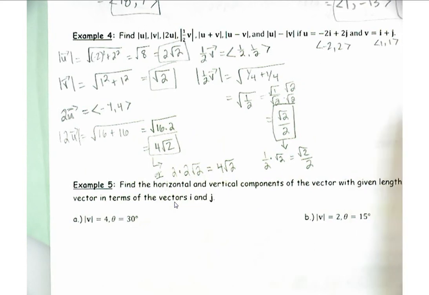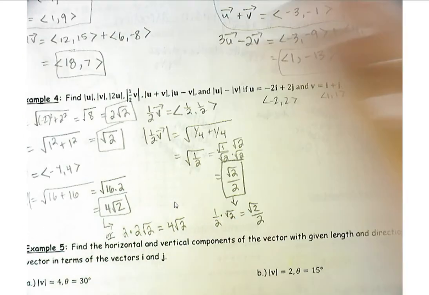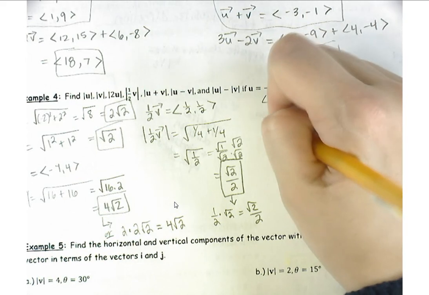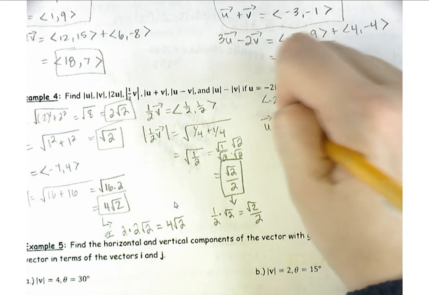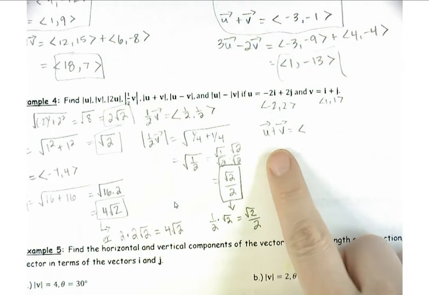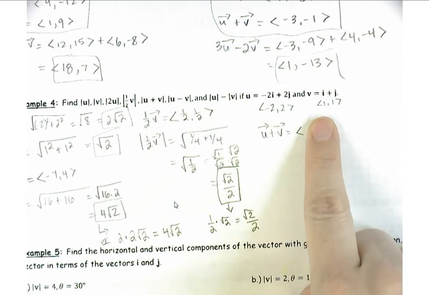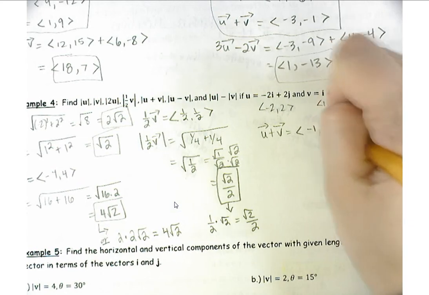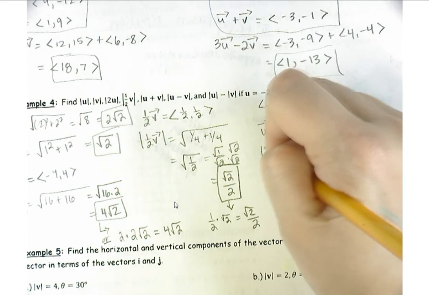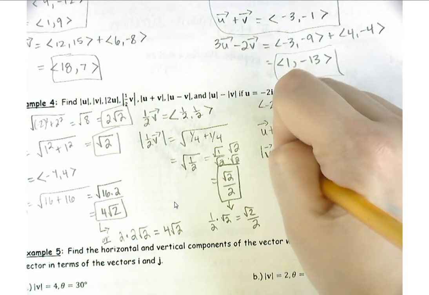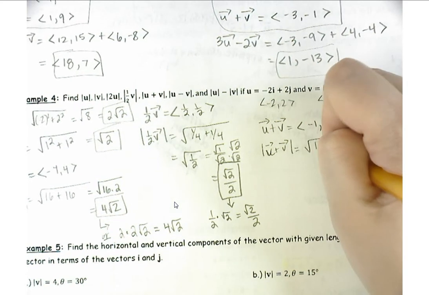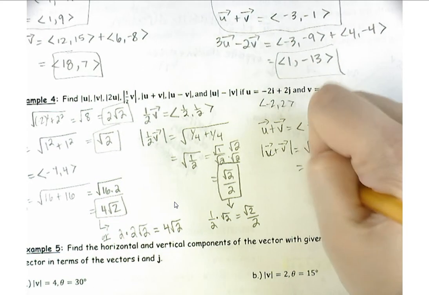Alright, now we have to do u plus v. The first thing I would do is find out what that vector is. So u plus v, -2 plus 1 is -1, and then 2 plus 1 is going to be 3. Now I can find the magnitude. -1 squared is 1, 3 squared is 9, which means that's going to be root 10.